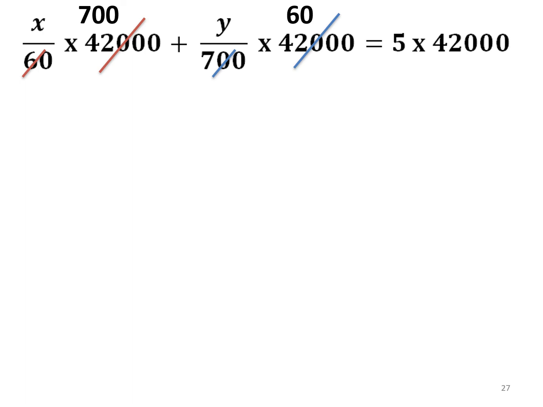x into 700 is 700x. y into 60 is 60y. And 5 into 42,000 is nothing but 2,10,000. A very big number. So I shall reduce it.